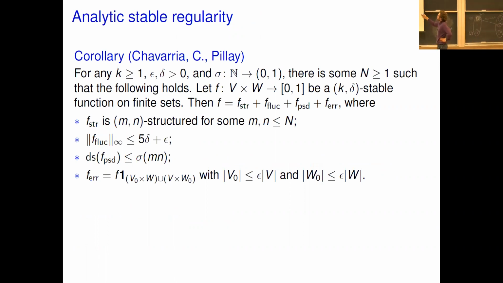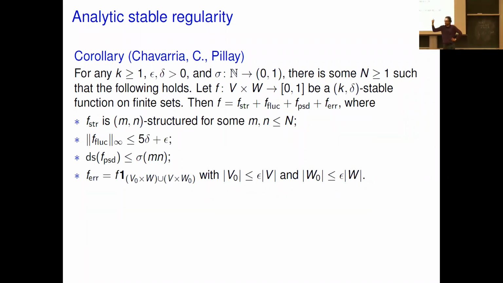For any k, for any epsilon, delta, same parameters as before, for any function sigma, there's some bound n, depending only on those, so that if I take an arbitrary k, delta stable function from v cross w to 0, 1, then what happens is there are 4 components. So F naturally breaks into 4 pieces.